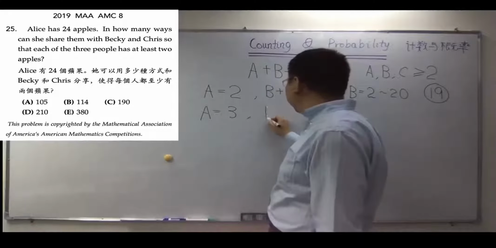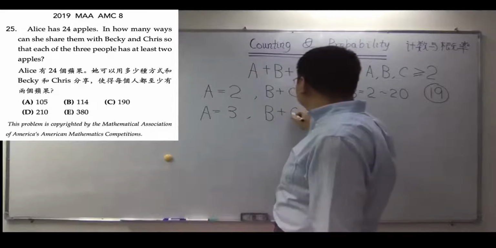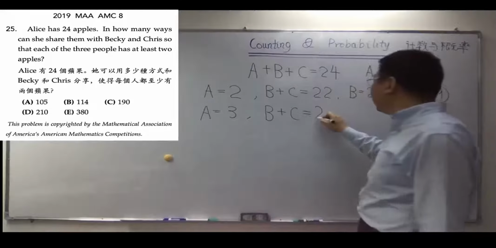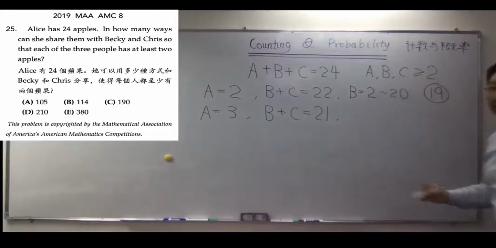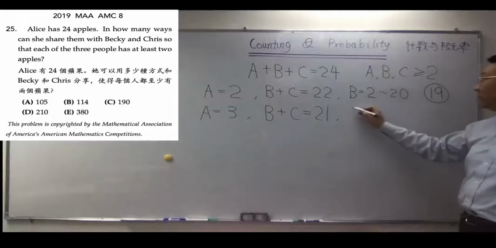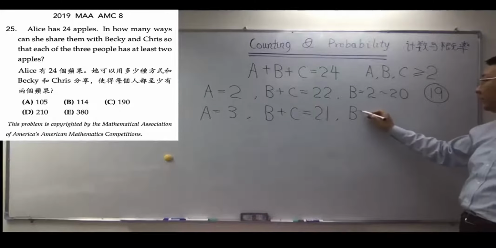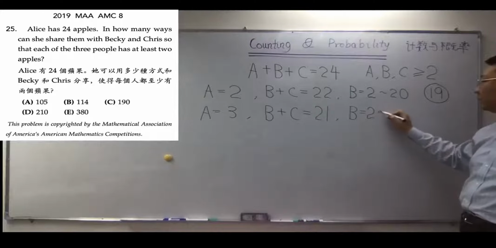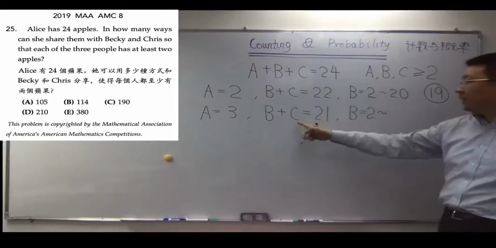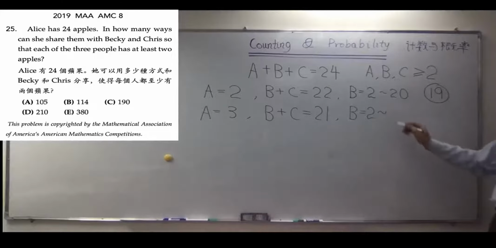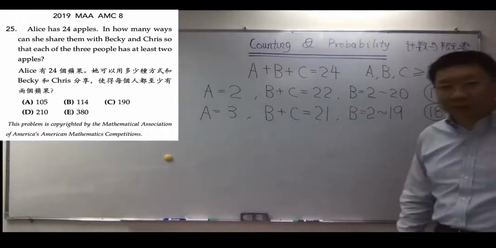Then this time B plus C will be 1 less, so it's only 21. What should be the possible choices for B? B also starts with 2, but this time it has to end in 21 minus 2, which is 19. Of course, from 20 to 19, it's 1 less. So now in this case, we have 18 different solutions.